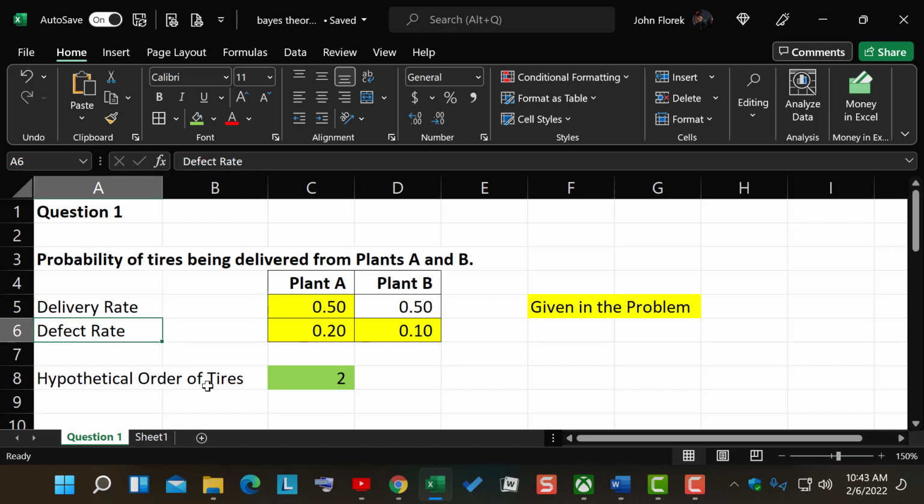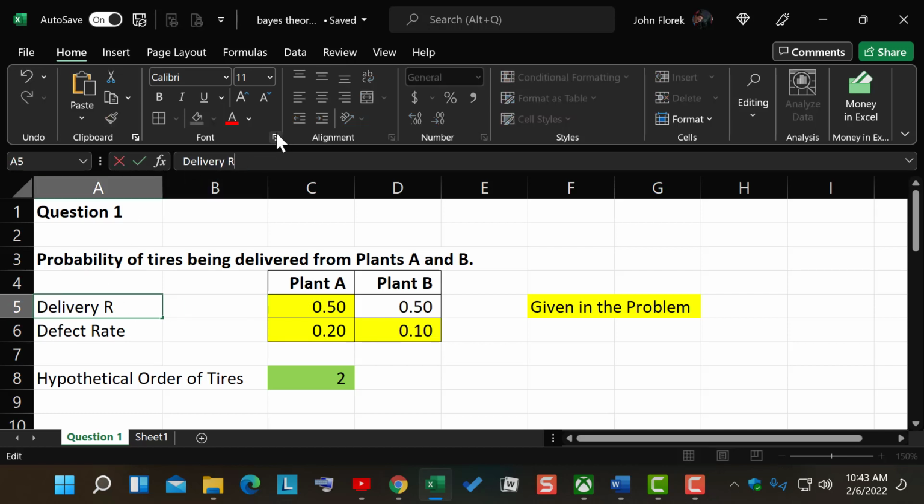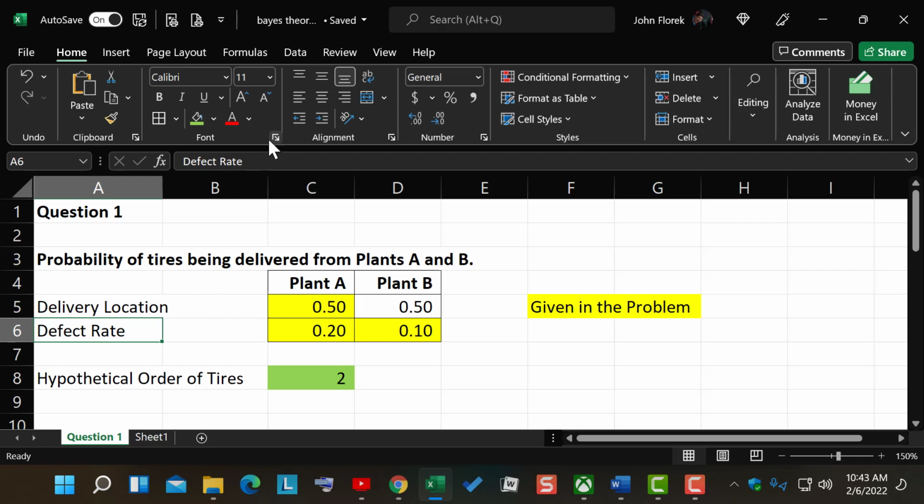So delivery rate, or maybe rate's not the right word, but delivery location, and it is 50-50. So I did something a little different here. And note this formula. It's a good formula.